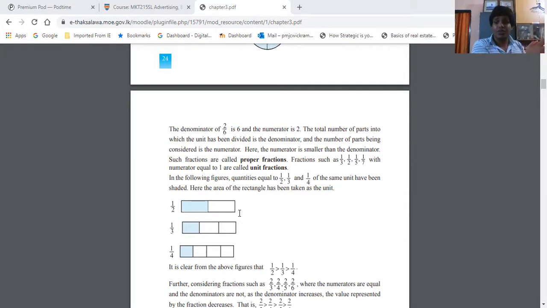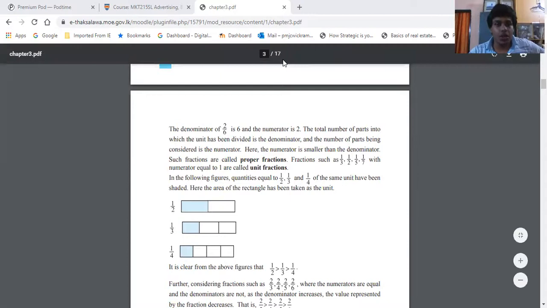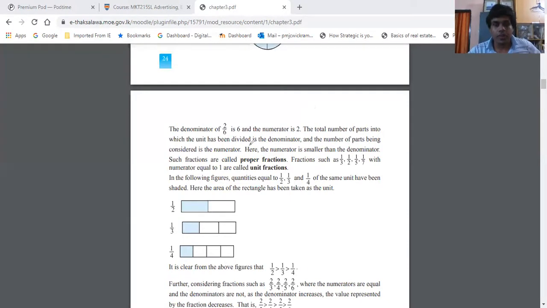You had 10 pieces of your chocolate and you gave 2 away. Those 2, ladies and gentlemen, come as the numerator. Denominator is the total value and the numerator is your considered value.